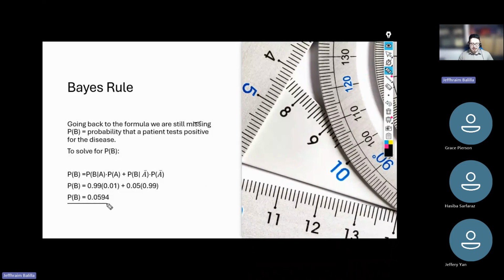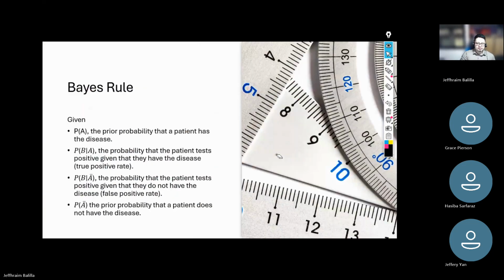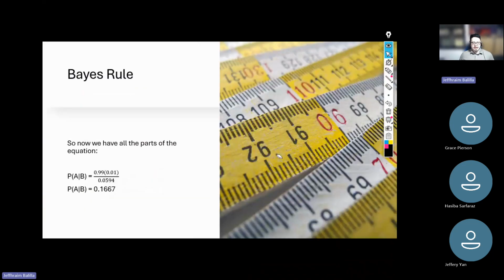This value can now be plugged into the formula of the Bayes rule, so that we can update our prior probability for A given the occurrence of B. So let's see. We can now apply the Bayes rule to update our prior probability for A given the occurrence of B, since we now have all the parts of the equation.